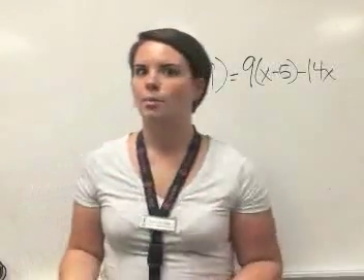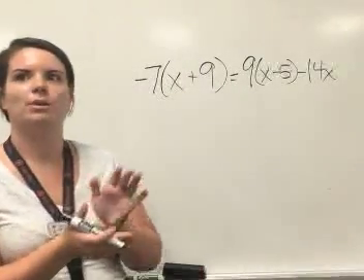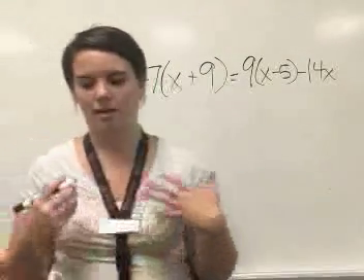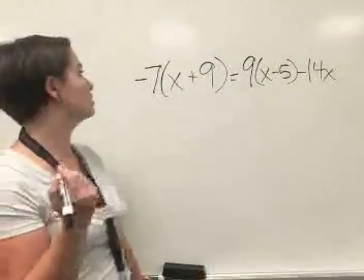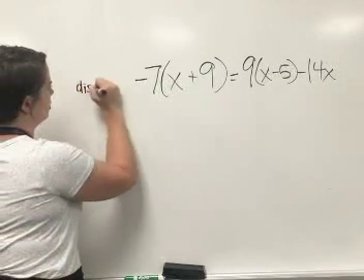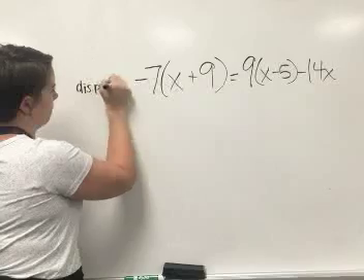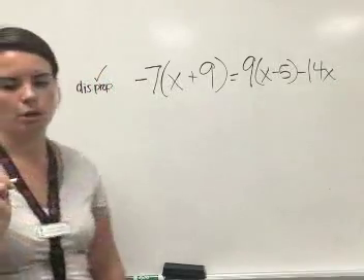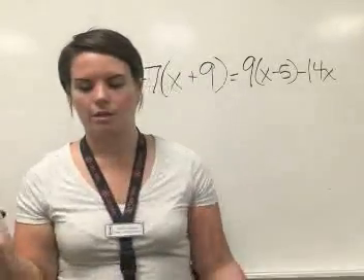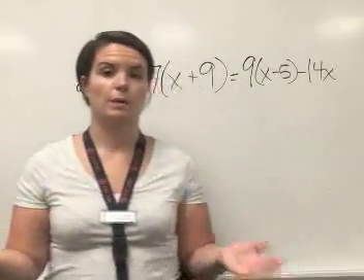Okay, what is step 1? Can I use the distributive property? Okay, we know that in this equation you can use the distributive property. So I'm going to put distributive property, and I'm going to put a check mark. Okay, how am I going to use the distributive property? The distributive property works just like multiplication, right?